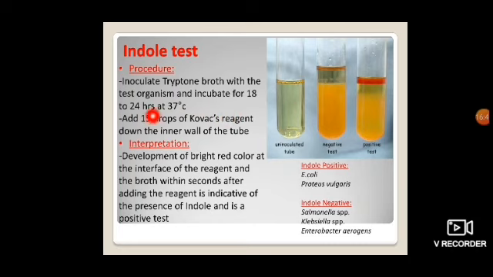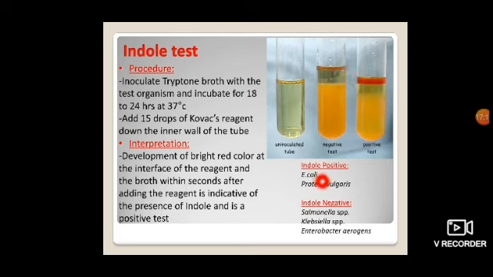After completing that 18 to 24 hours, add a drop of Kovac's reagent down the inner wall of the test tube. After adding that Kovac's reagent, two observations are there: one is the positive test, which is the cherry red color, and no cherry red color means the observation is negative.